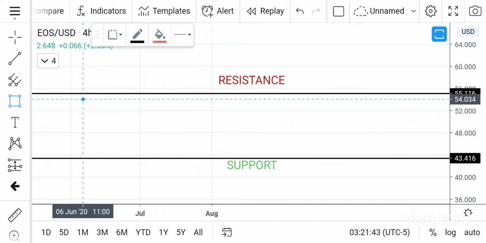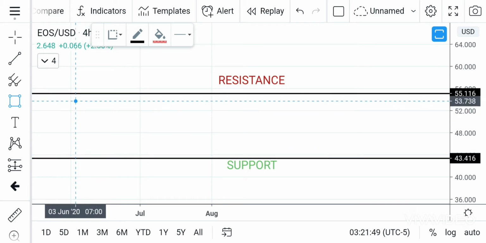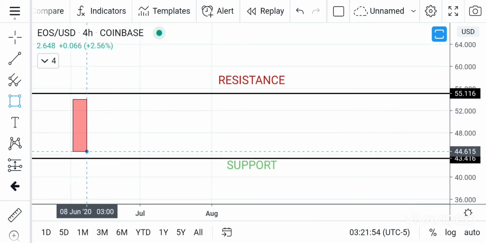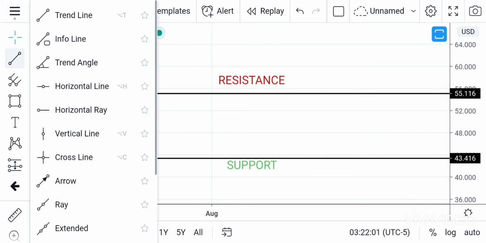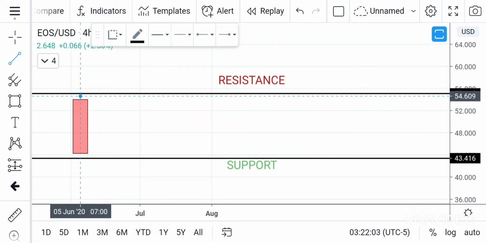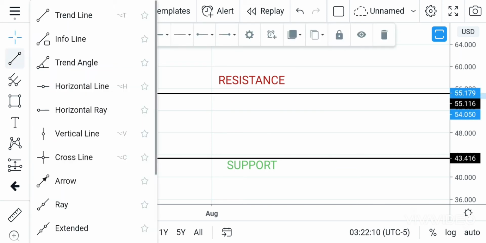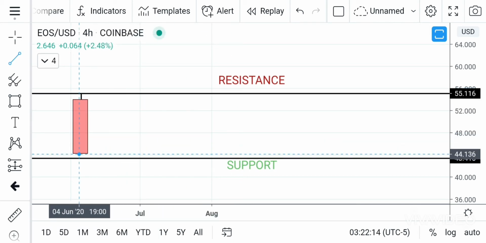For a bearish candle, the price opens from the top and moves down lower to the bottom. That's how a bearish candle forms. Sellers push the price from the top, from resistance, down to support. So that's how a bearish candle forms on your chart.